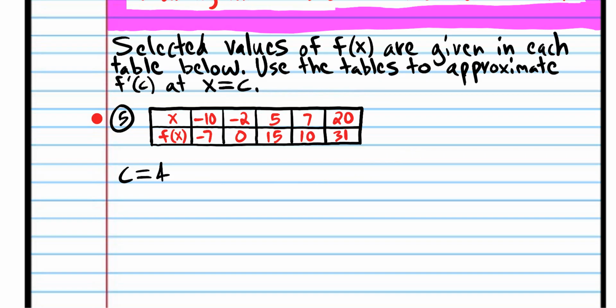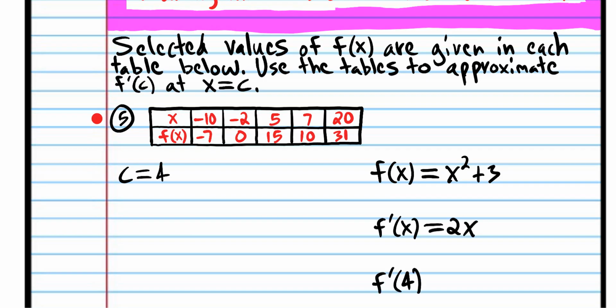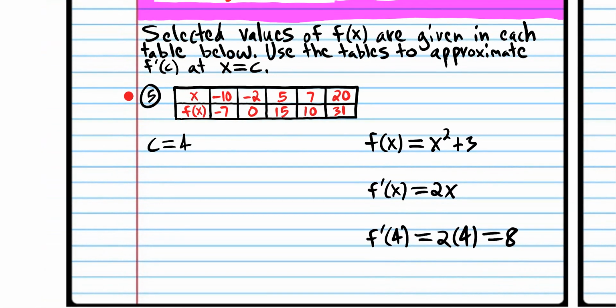Now, if we knew that f of x were equal to something like x squared plus 3, then we could find f prime of x, which is 2x, and then we could find f prime of 4, which is what we're looking for, and that's 8, you see. But the problem is we don't have the expression for the function.